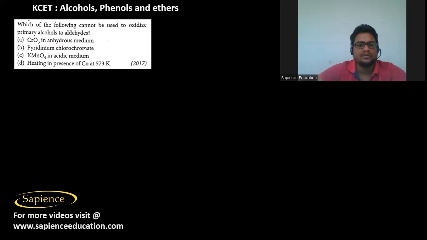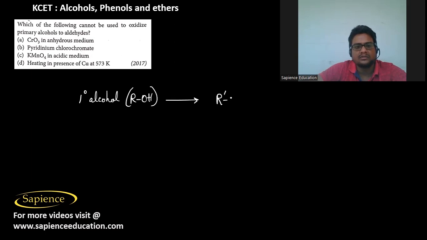And here it is told, which of the following cannot be used to oxidize primary alcohols to aldehydes. So if you have 1 degree alcohol or primary alcohol ROH, then it has to be oxidized to aldehydes.